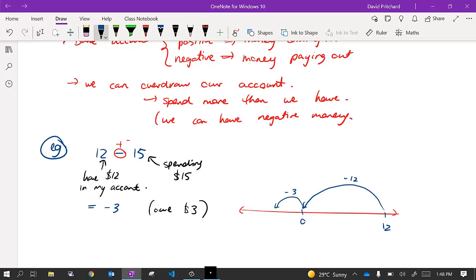So that overall is a -15, and we end up with -3 as our answer. We could do the 15 jumps and end up at -3, but that would take a long time, and that's not our goal. Our goal is to build up this skill so we can do it nice and quick.